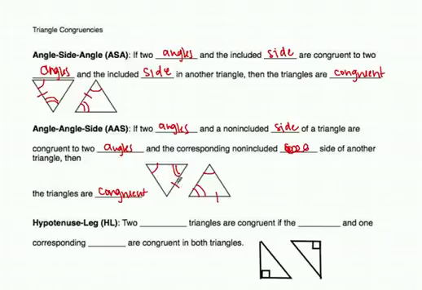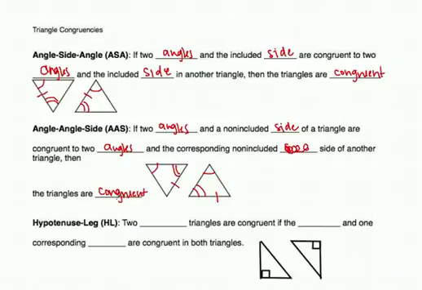But notice that if I had said this side, and then instead of this one chosen this one, that would not be considered angle angle side, because I would have my mark on the side beside the angle with two congruency marks, and in this one, if I switched it to this, I would have the side beside the angle with only one congruency mark.